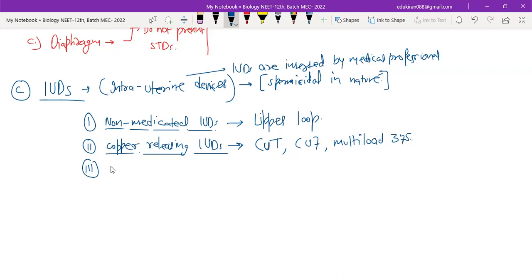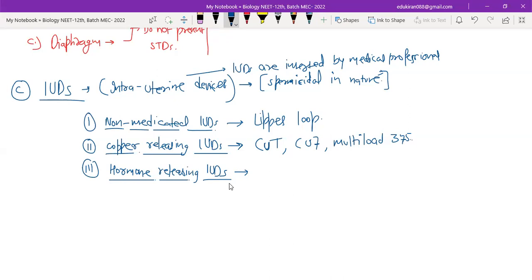Yes. And the third kind is hormone releasing IUDs. Clearly, how they are working is they are secreting some hormones. Did you write for copper releasing?